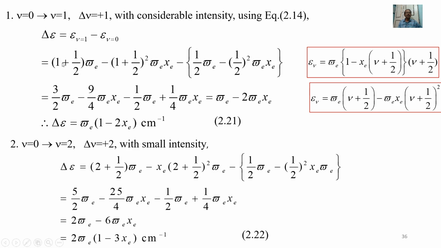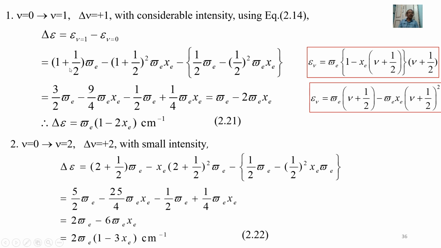So 1 plus 1 by 2 omega bar E minus the second term, 1 plus 1 by 2 whole square omega bar E x E, minus the expression for nu equals 0. You substitute nu equals 0 and we will have this.